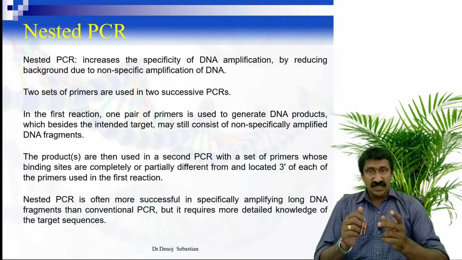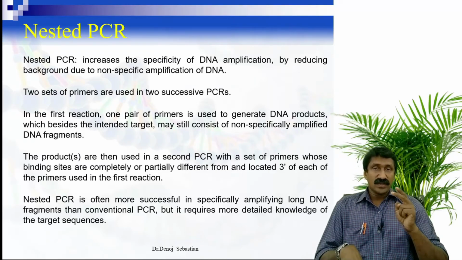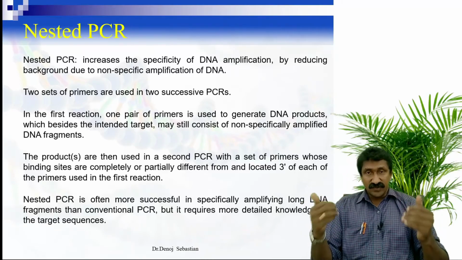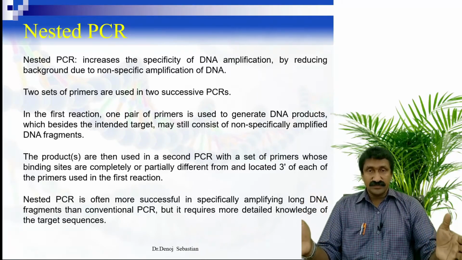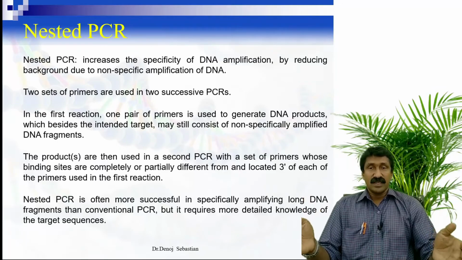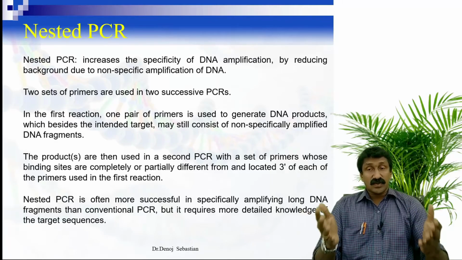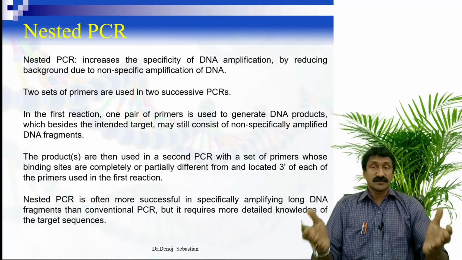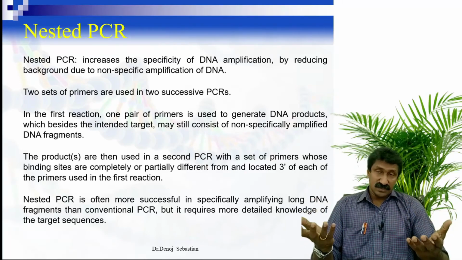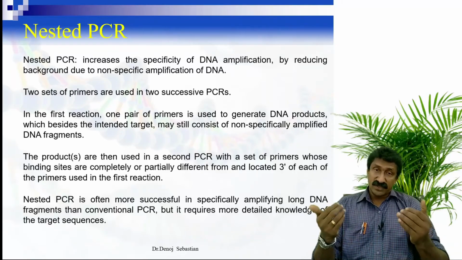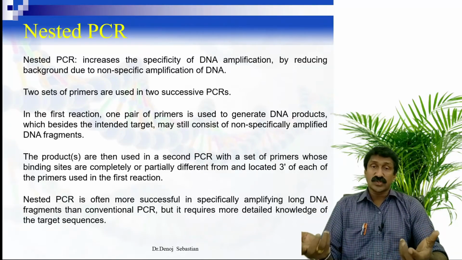So in nested PCR you are using two sets of primers for a PCR reaction. In the first step reaction you are using the first primer pair, which will amplify the target. Some amount of non-specific amplification may be expected, because nested PCR is actually intended for increasing the specificity, but non-specific reactions may occur if the primers are not so specific.